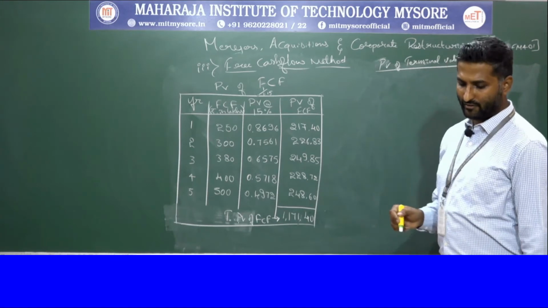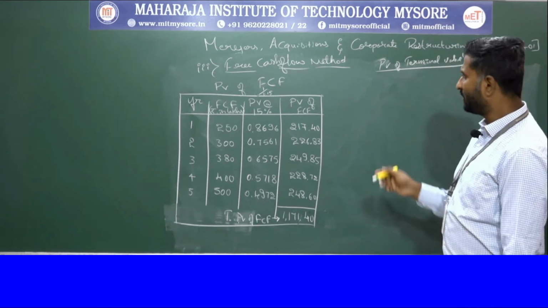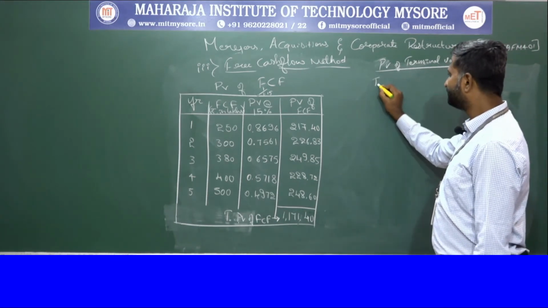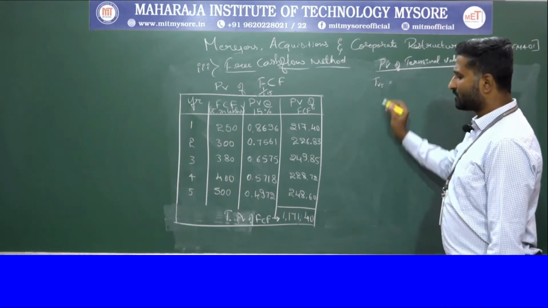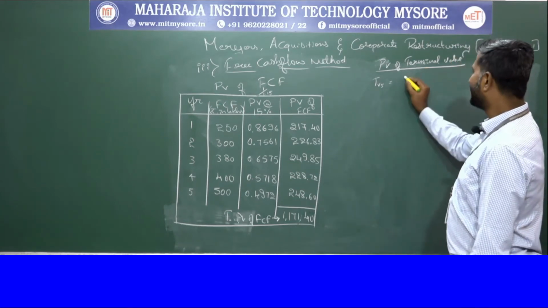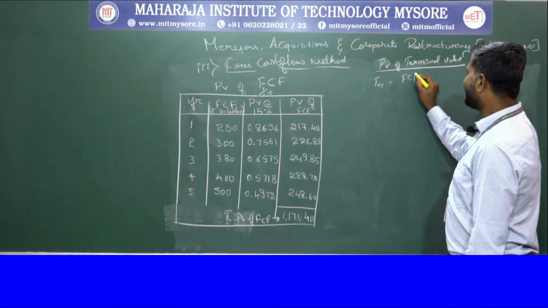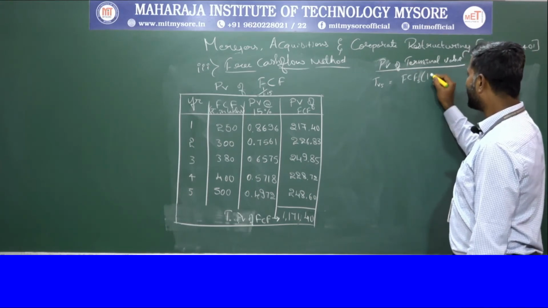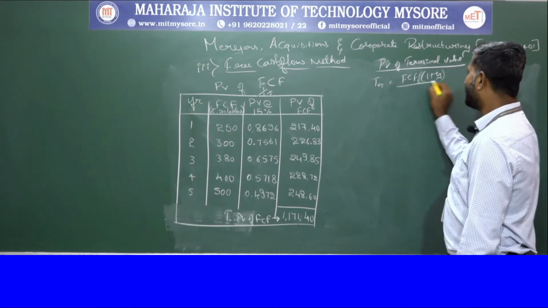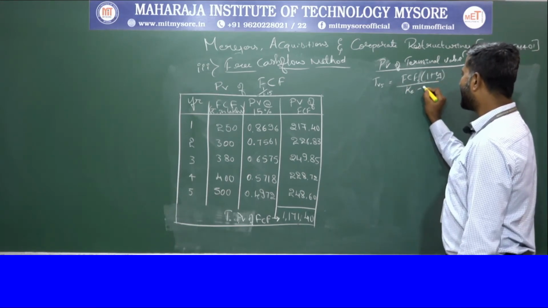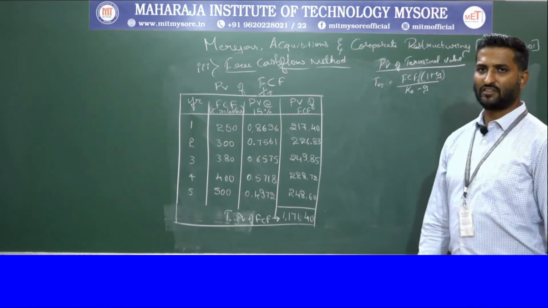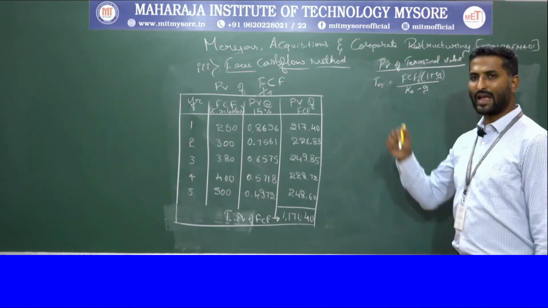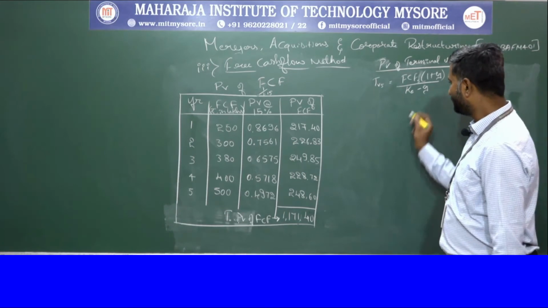So here we need to take into consideration TV5. TV5 is FCF of the 5th year into 1 plus G, whole divided by KE minus G. This is the formula which we are using to calculate the terminal value.